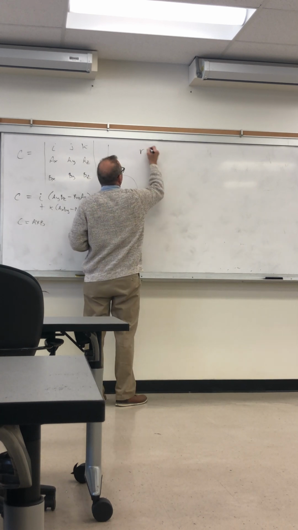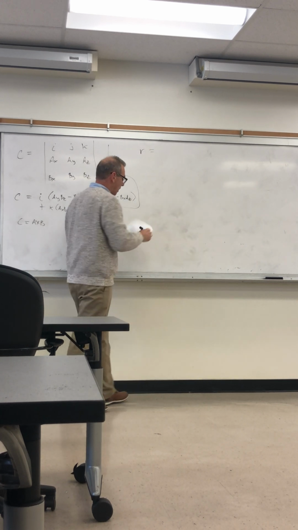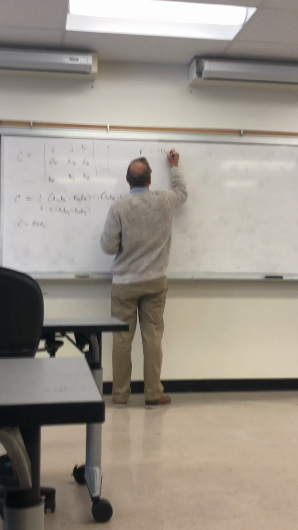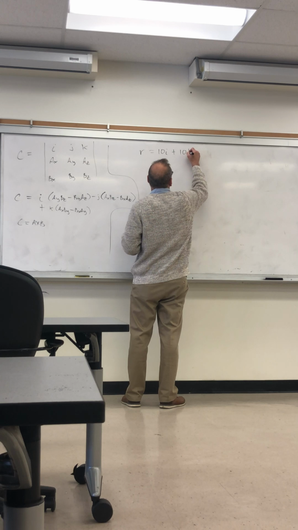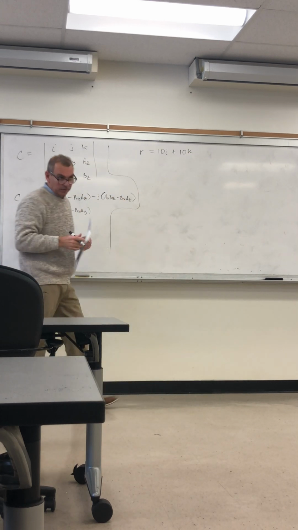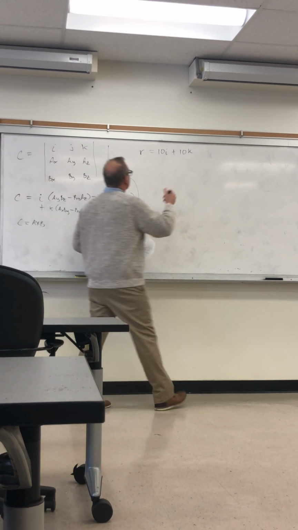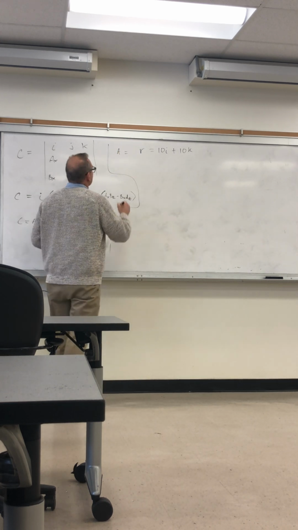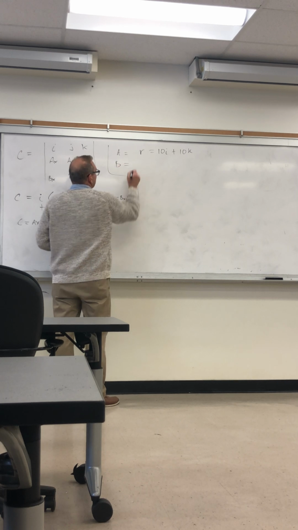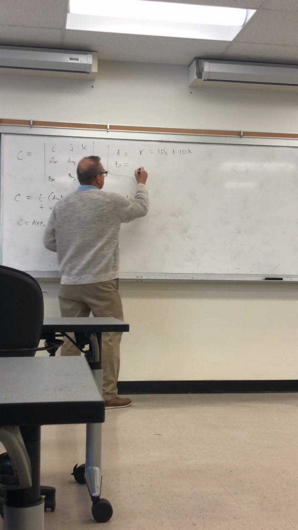Let's say we have R is 10I plus 10K, I and K being the unit vectors, so this is, let's say, your A vector. And we have B vector is F. This is the force.